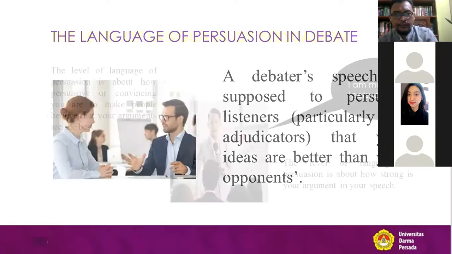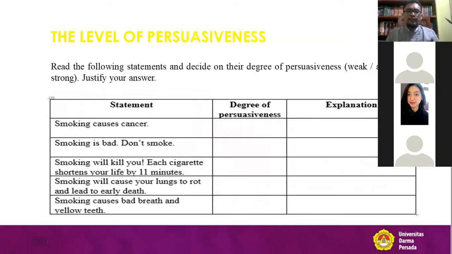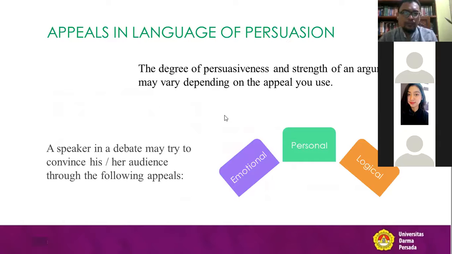Okay, this is also, there you go. Hold on, I think we missed something over here. This one, okay? This is what I mean by the appeals in the language of persuasion. The degree of persuasiveness and the strength of your argument may vary depending on the appeal used.